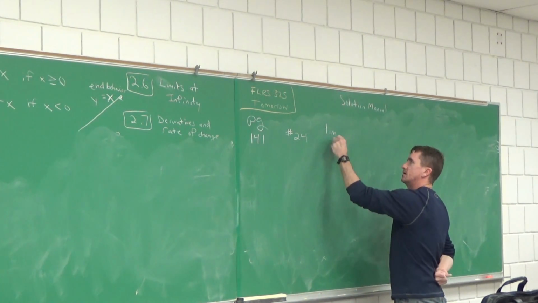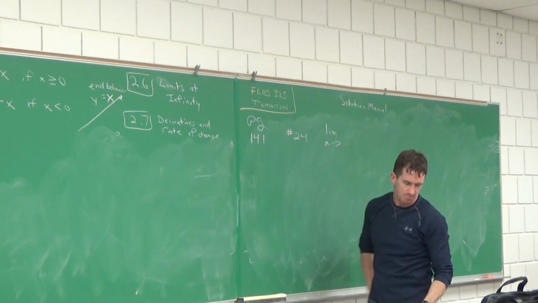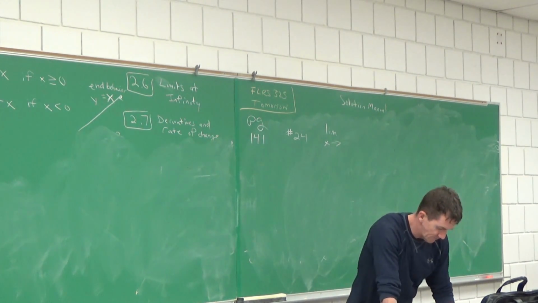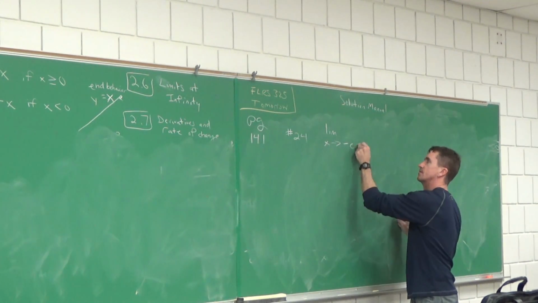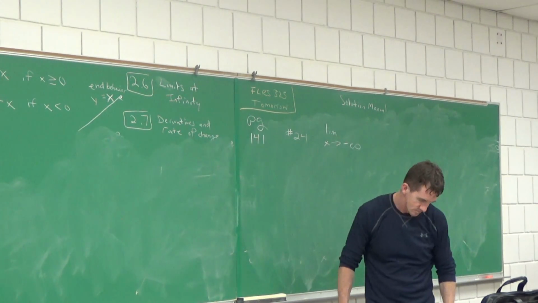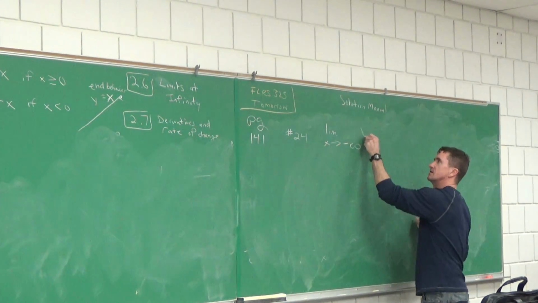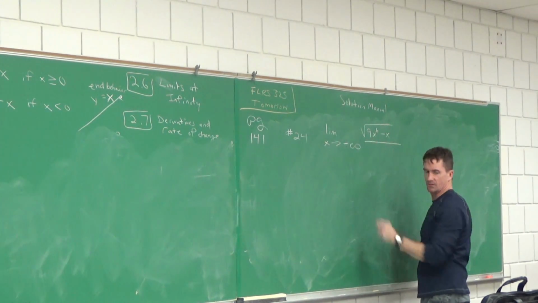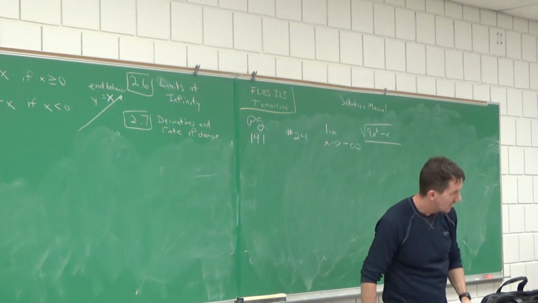Find the limit as x approaches negative infinity of the square root of 9x to the 6 minus x, all over x cubed plus 1.